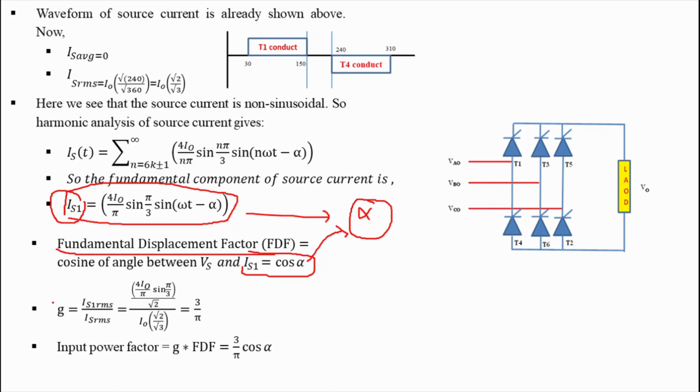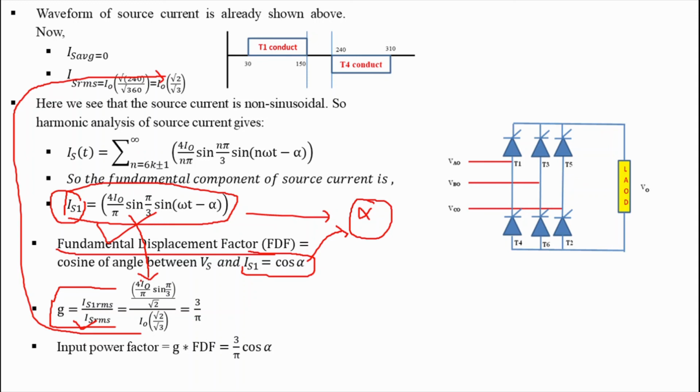Now what is the distortion factor G? G is equal to RMS value of fundamental component of source current divided by RMS value of source current. RMS value of source current is I naught under root 2 by 3, as already told to you. And RMS value of fundamental component is maximum value divided by root 2, and the maximum value is 4 I naught by pi sin pi by 3.